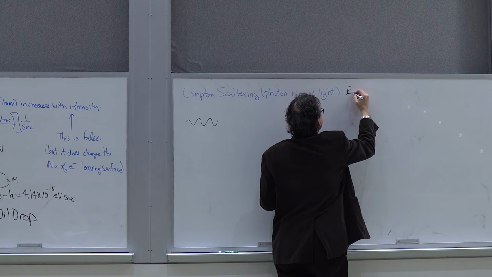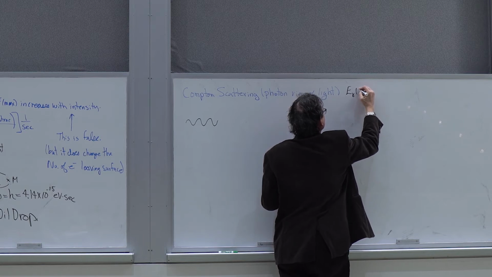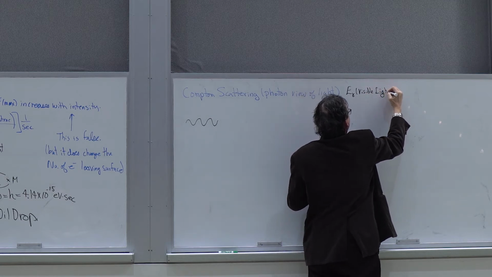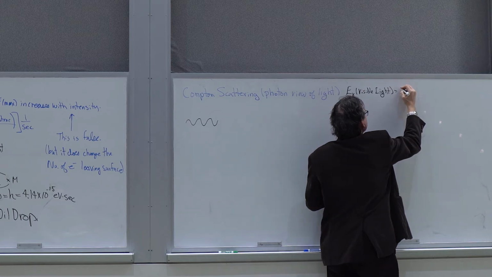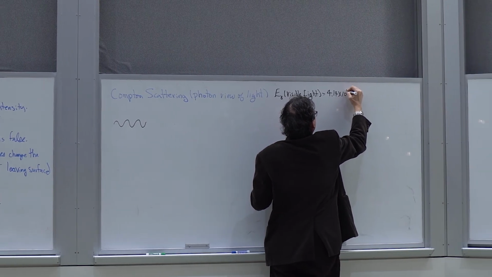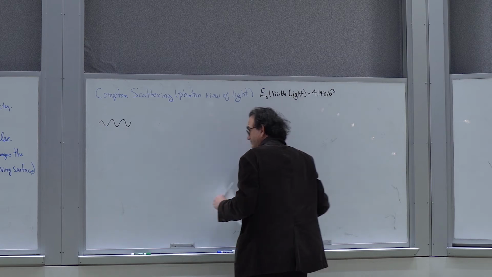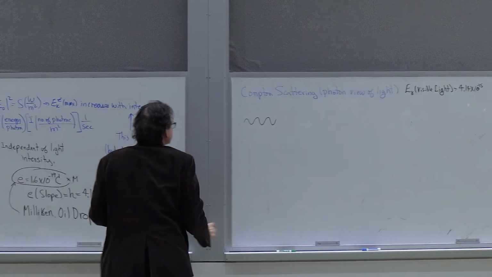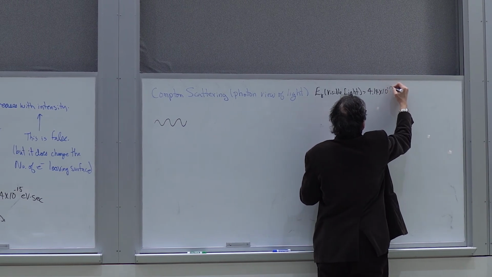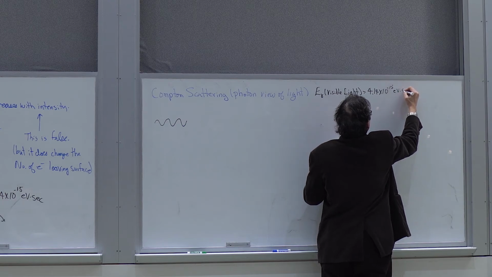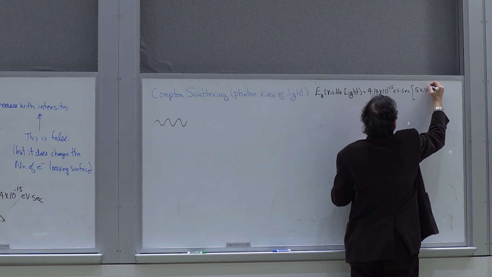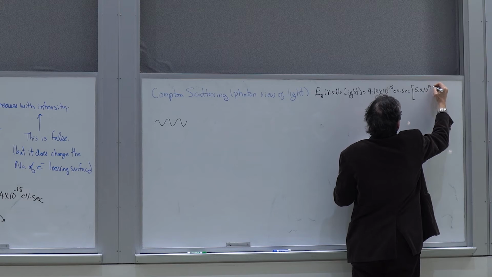To give us a scale, by the way, in terms of energy, the energy of the photon, let's say the energy sub gamma for visible light, is roughly equal to Planck's constant, 4.14 times 10 to the minus 15 eV seconds, times the frequency of visible light, which is about 5 times 10 to the 14th hertz.